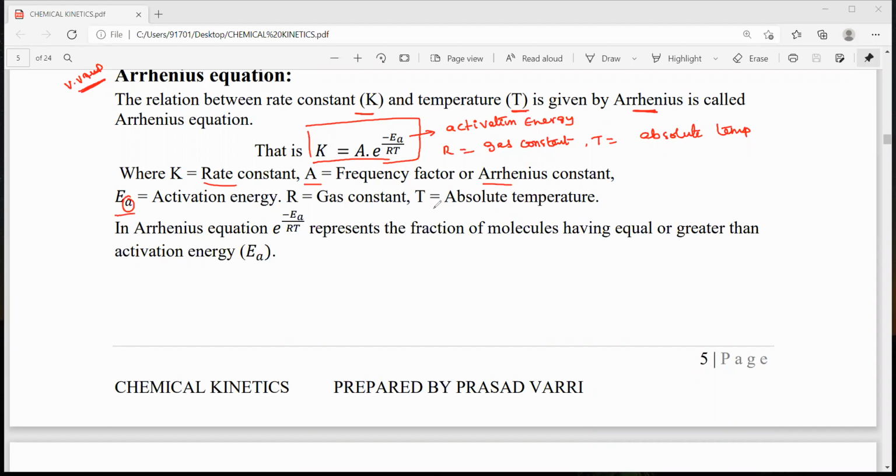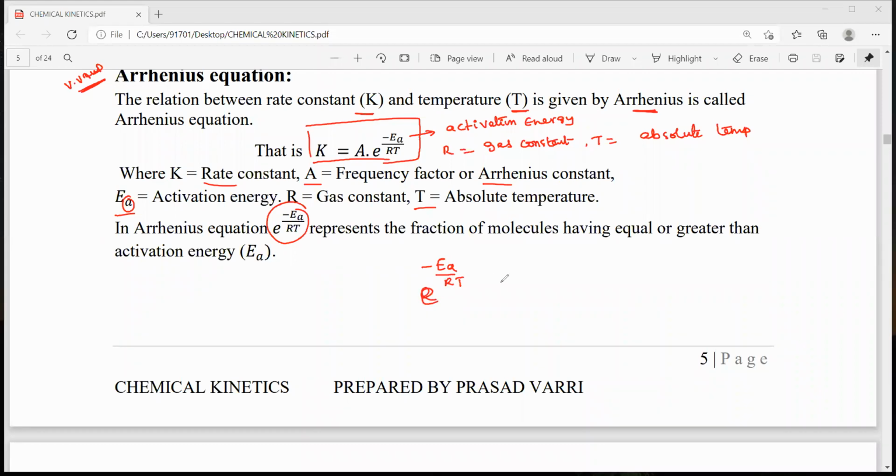R is the gas constant and T is the absolute temperature. In the Arrhenius equation, e to the power of minus Ea by RT always represents the fraction of molecules having energy equal to or greater than the activation energy.